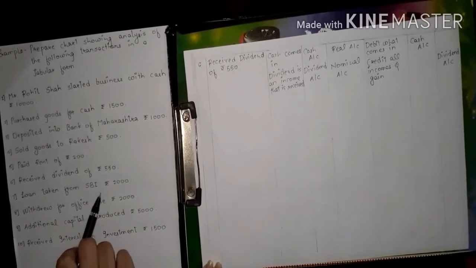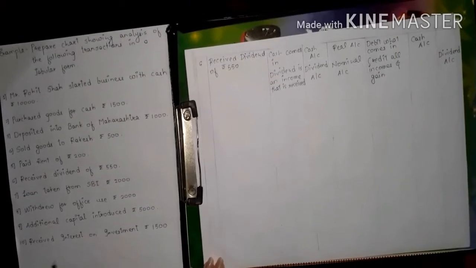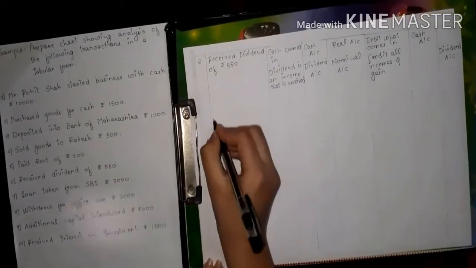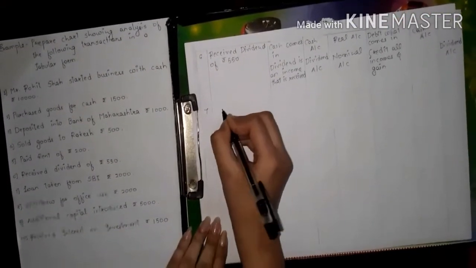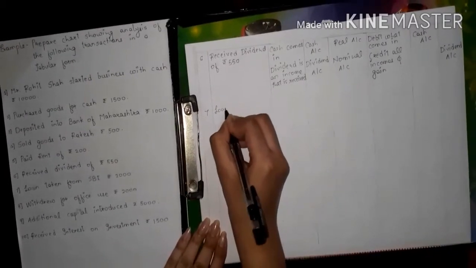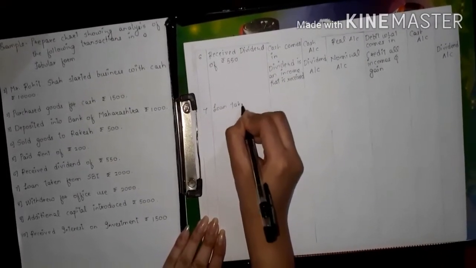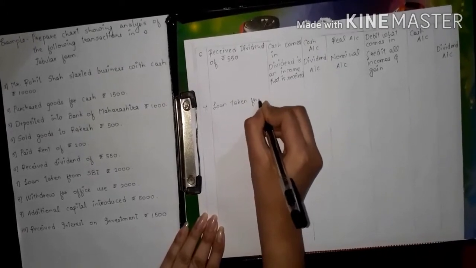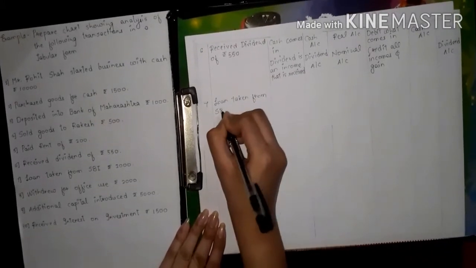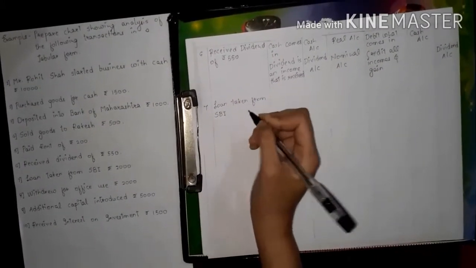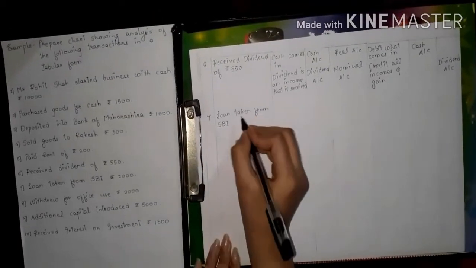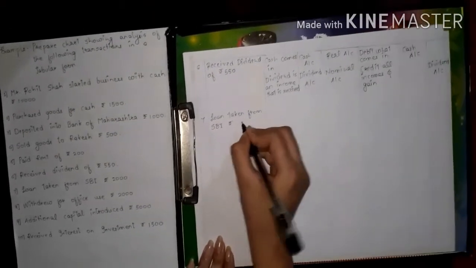loan taken from SBI rupees 2000. So let's write here first, loan taken from SBI. I have written some new transactions so that you will understand more deeply how these transactions are solved.